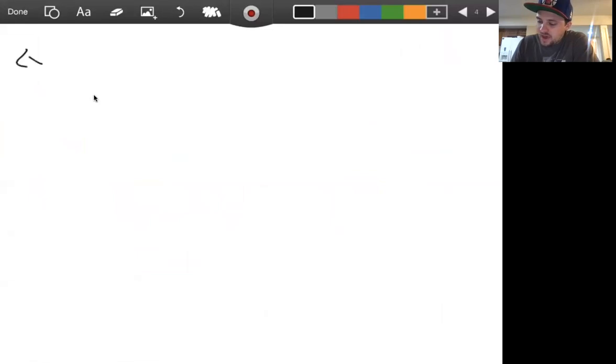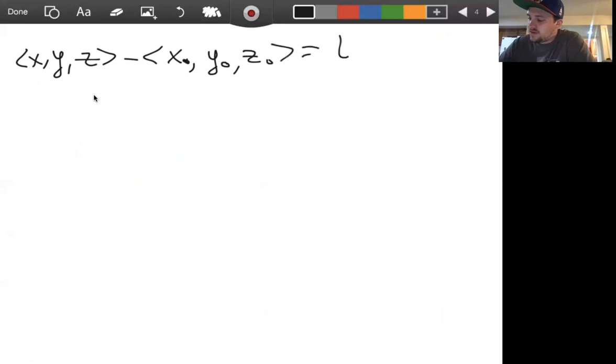So we have x, y, z minus x naught, y naught, z naught equals t times a, b, c. We can move the x naught, y naught, z naught vector to the right-hand side of the equation.